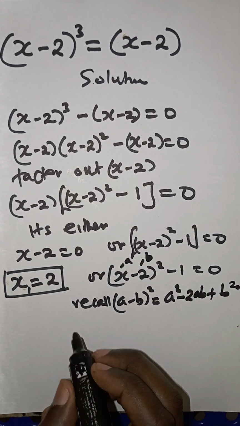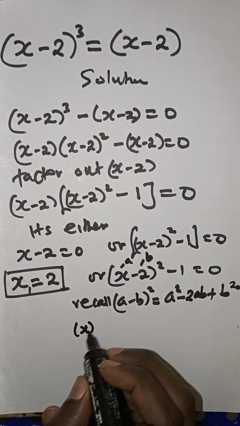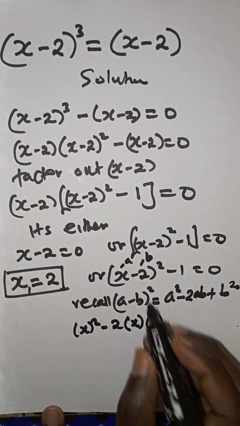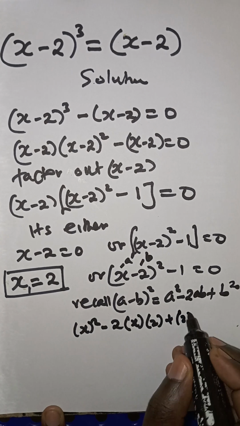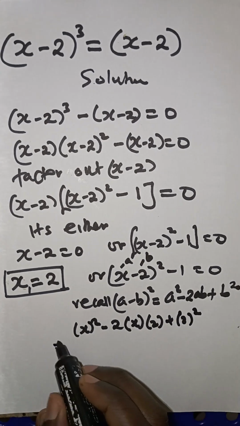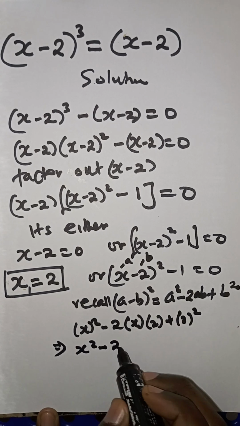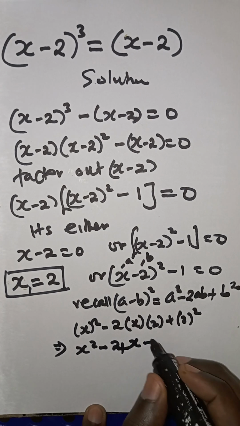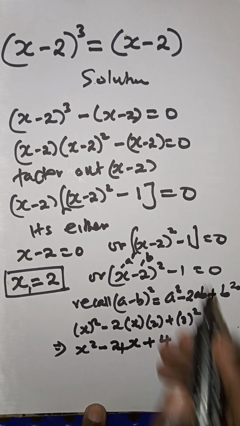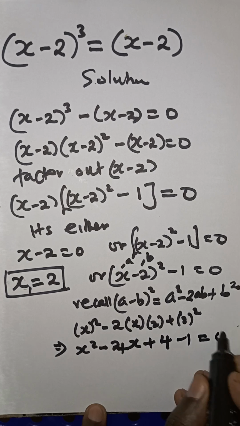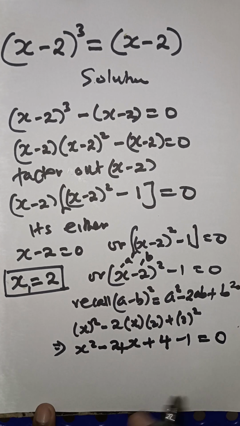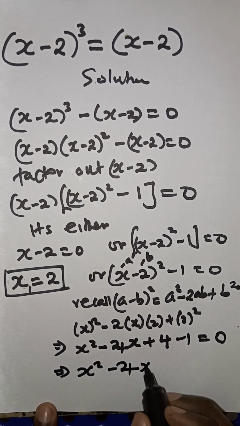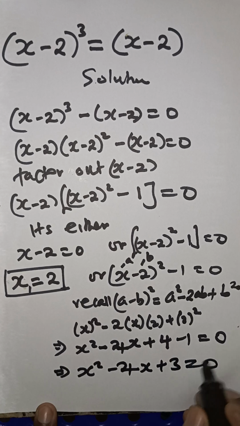Substituting in this function, I'm going to have x² − 2 times x times 2 + 2². So this gives me x² − 4x + 4, of course 2 times 2 is 4, but recall I have minus 1 here, equals 0. Collecting like terms, this equation changes to x² − 4x + 3 = 0.